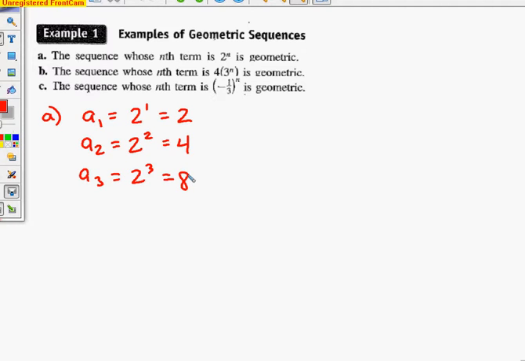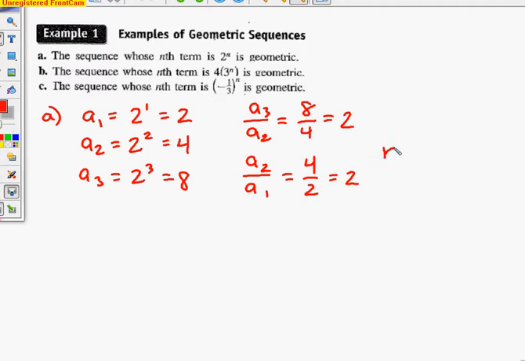So let's do a sub 3 divided by a sub 2. That would be 8 divided by 4, and you see that that ratio comes out to be 2. And now let's do a sub 2 divided by a sub 1. That is 4 divided by 2, and that again is 2. So this sequence is geometric, and that common ratio is 2.